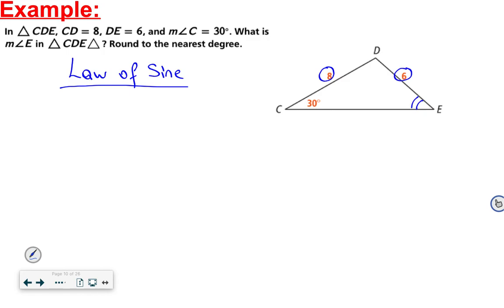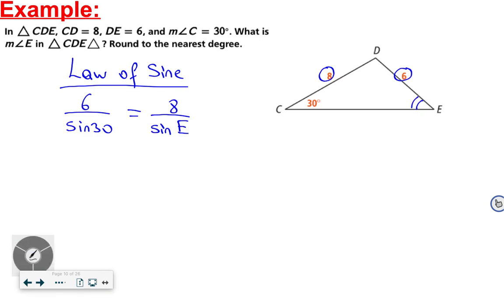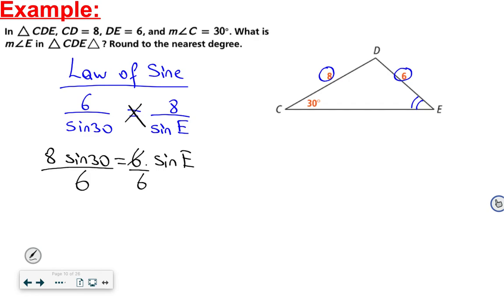So 6 over sine 30 is going to be equal to 8 over sine angle E. If you use cross multiplication, you will get 8 times sine 30 will be equal to 6 times sine angle E. After that, divide both sides by 6. You will get sine E is going to become 8 times sine 30 over 6.